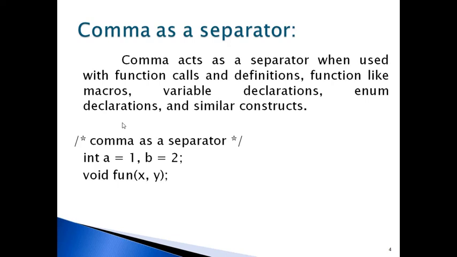Here, if you observe in this slide, int a = 1, b = 2; we are declaring the integer variables a and b. a is initialized to 1, b is initialized to 2. These two variables are separated with a comma operator.